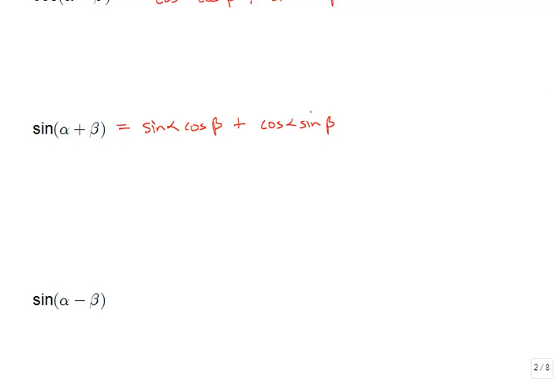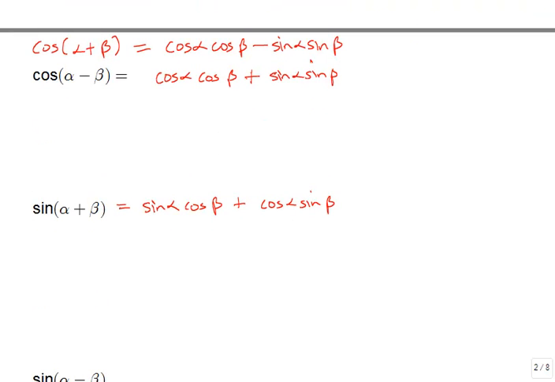So it's a little bit different than our cosine sum and difference formula. For cosine sum and difference, it's cosine, cosine, sine, sine. For sine, it's going to be alternating. So sine, cosine, cosine, sine, and the other thing that's different is the signs are the same. So if it's plus on the left, it's also plus on the right.